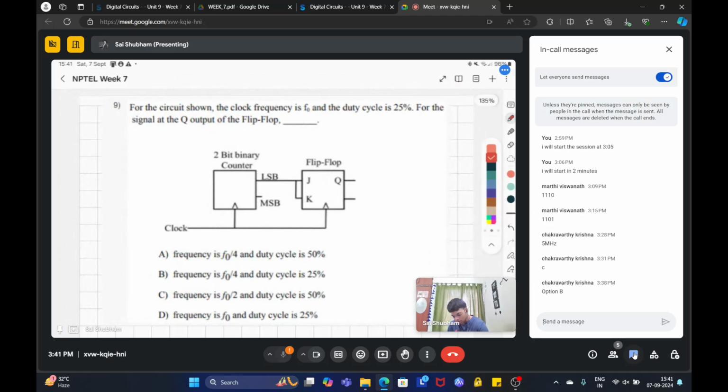For the circuit shown, the clock frequency is F0 and the duty cycle is 25% for the signal at the Q output of the flip-flop. We have to figure out the frequency and the duty cycle.